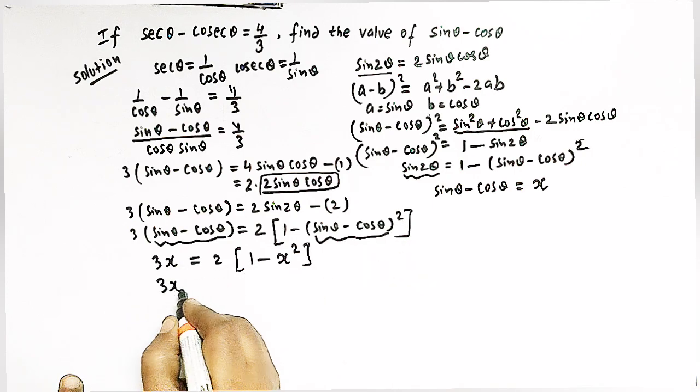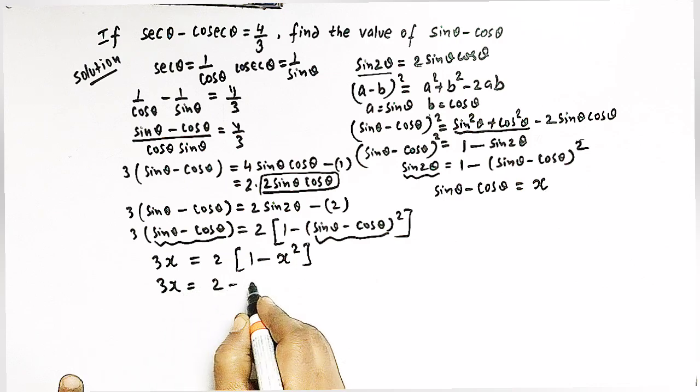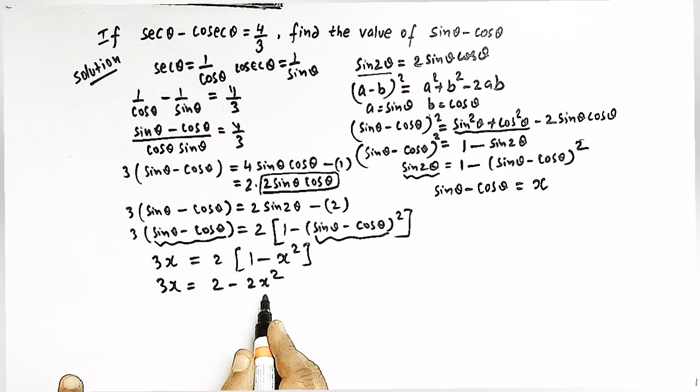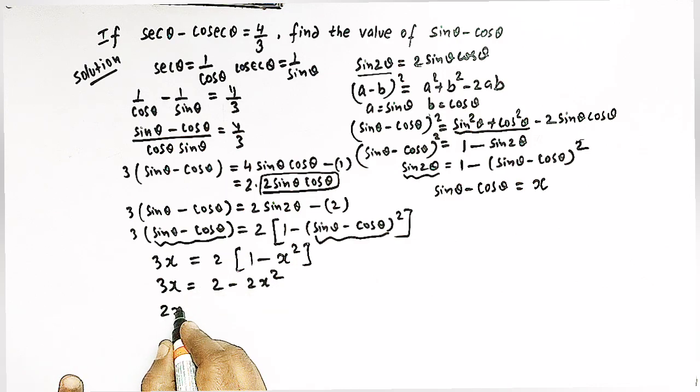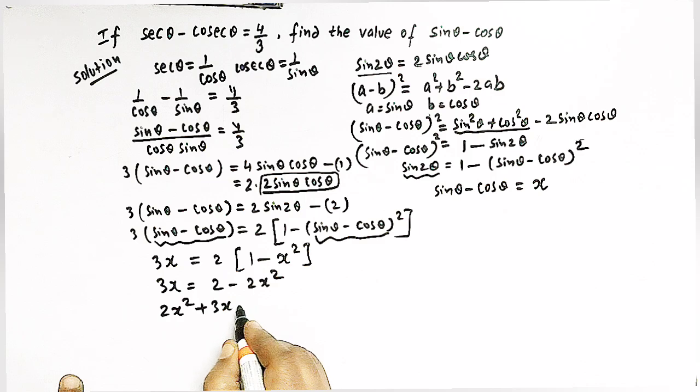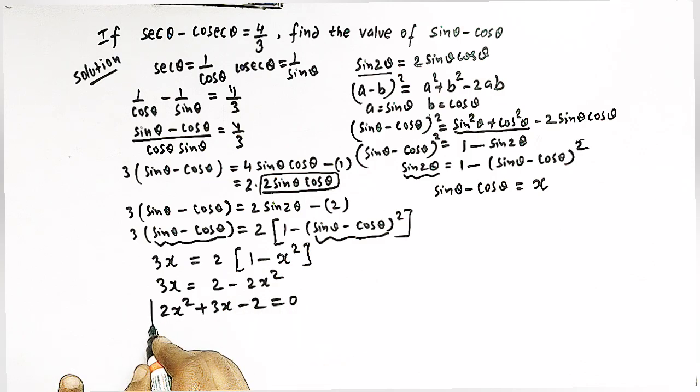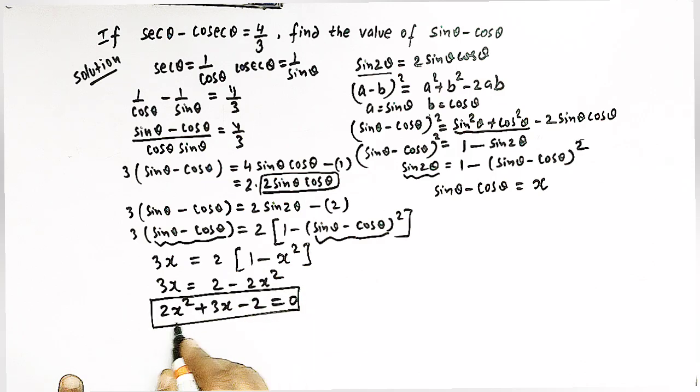So we can now write 3x is equal to 2 minus 2x square, and if we simplify it by rearranging the terms, we have 2x square plus 3x minus 2 is equal to 0. So this is a quadratic equation. Let us solve this quadratic equation by splitting the middle term.